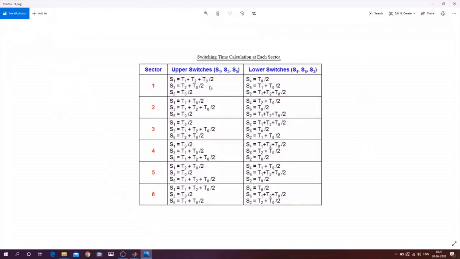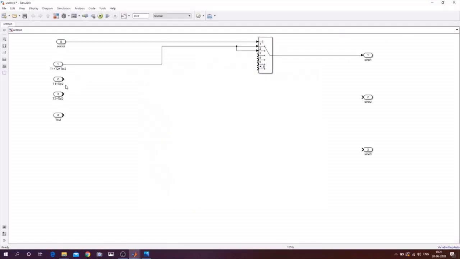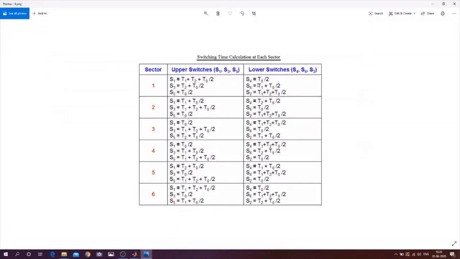Next you see that S3 is T2 plus T0 by 2. Switch 3 is T2 plus T0 by 2. So for S3, that is switch 3, this is T2, so this one will be connected over here. Now switch 4 and switch 5 are having T0 by 2.